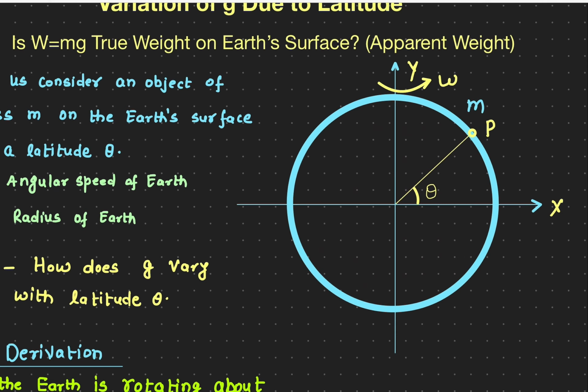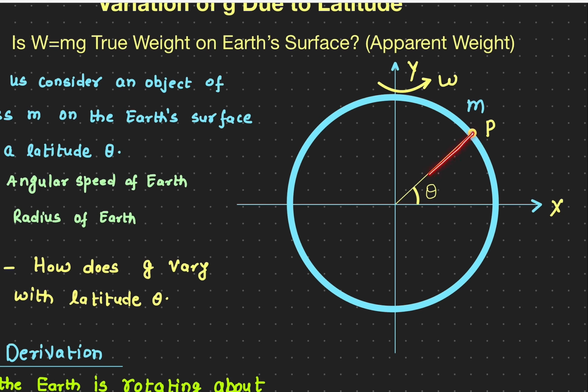If an object is moving in a circle, and especially if you look at it in a non-inertial frame, then there must be a centrifugal force. So in addition to the force due to gravity, there is now an additional centrifugal force. If the point P moves in a circle, then there are two forces acting on the object.